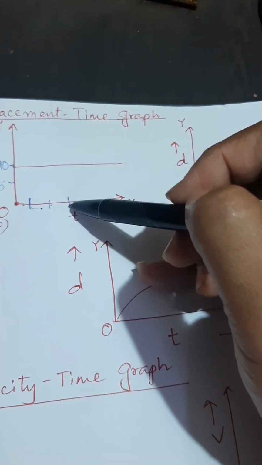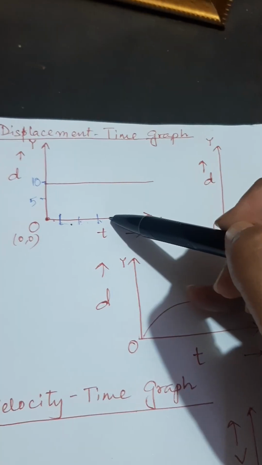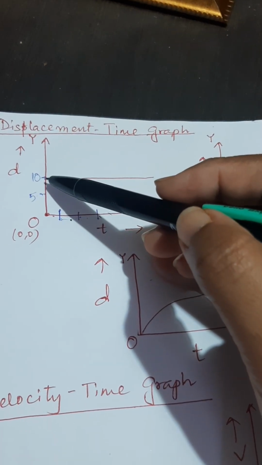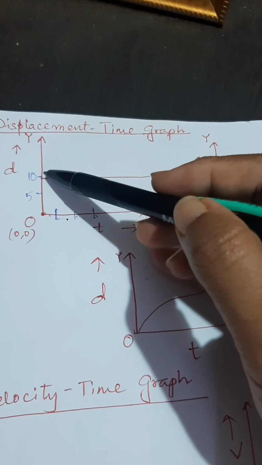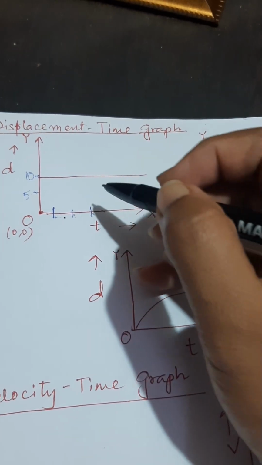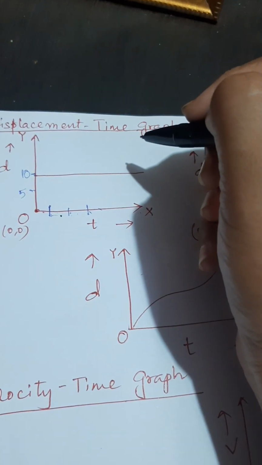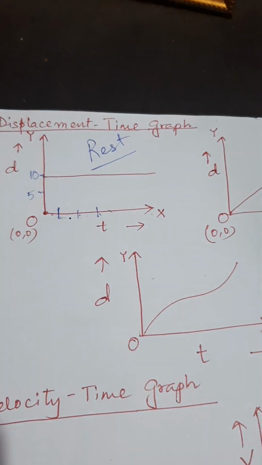So what does that mean? That means that with the change of time, the distance of the object from some reference point is not changing. It shows that the object is at rest.